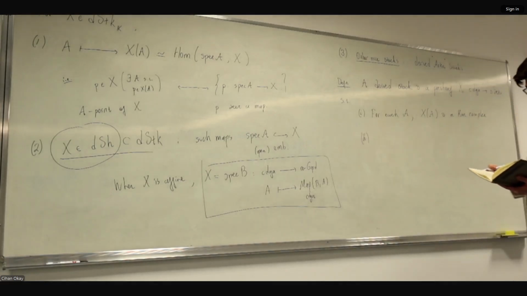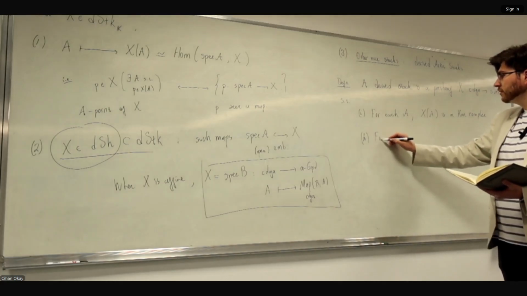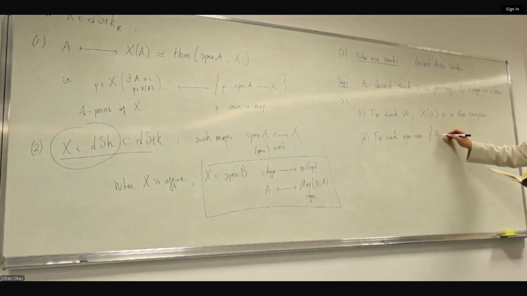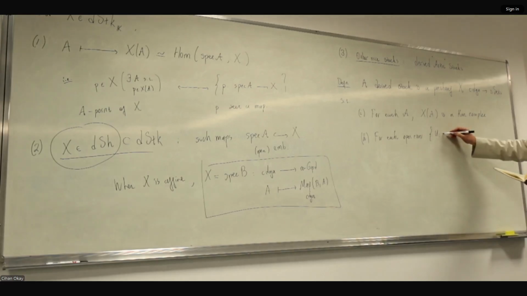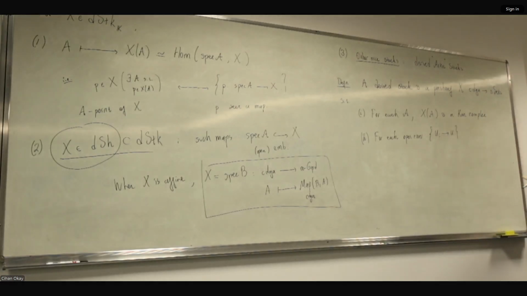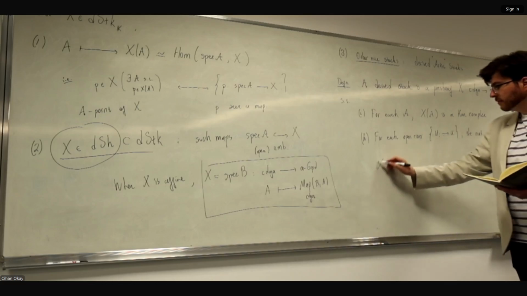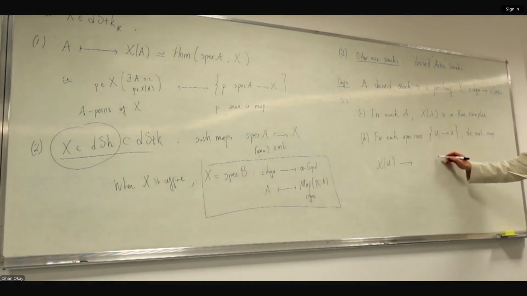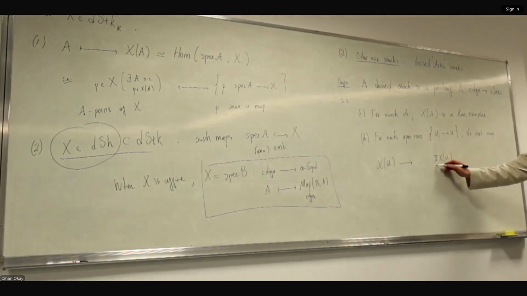And the second thing, for each object and for each open cover of this object, you will have this natural map, X(U). So the right-hand side, you will consider all possible maps like this.